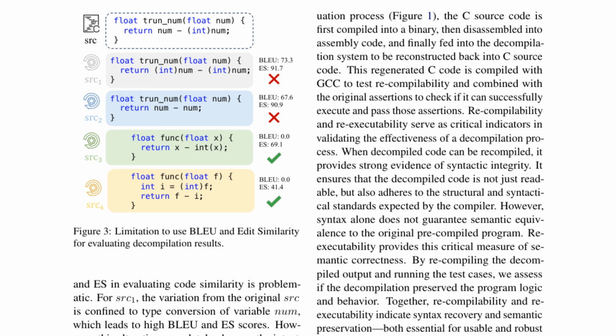Recompilability and re-executability serve as critical indicators in validating the effectiveness of a decompilation process. When decompiled code can be recompiled, it provides strong evidence of syntactic integrity. It ensures that the decompiled code is not just readable, but also adheres to the structural and syntactical standards expected by the compiler. However, syntax alone does not guarantee semantic equivalence to the original precompiled program.